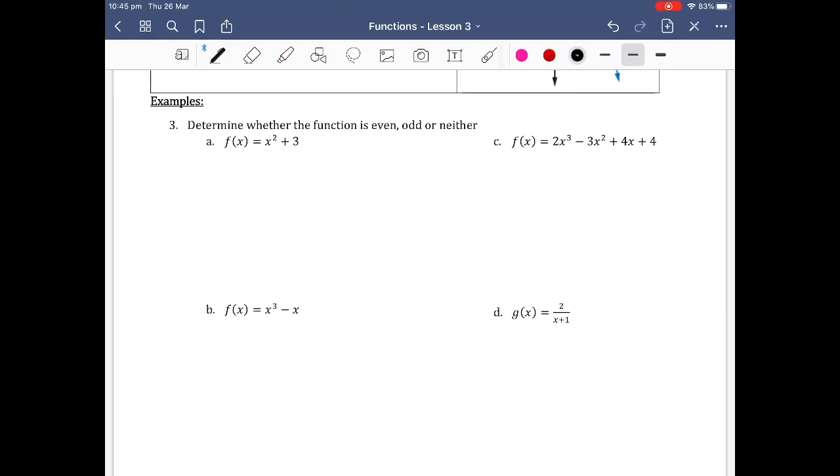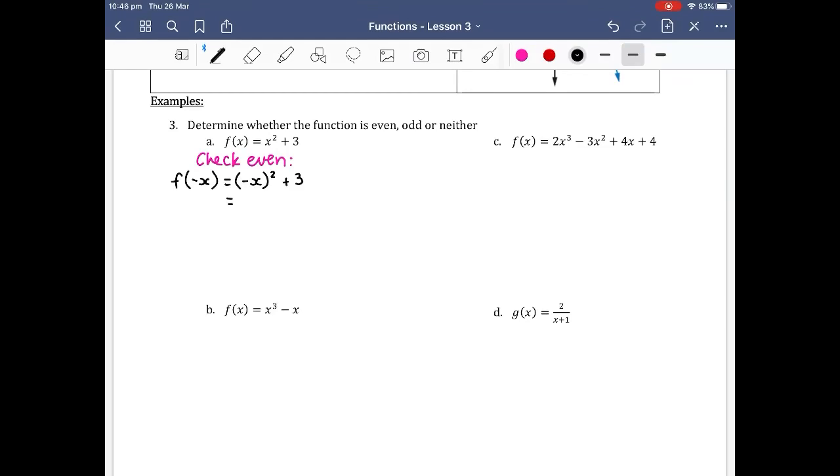We have to determine whether the function is even, odd, or neither. So we have f(x) equals x squared plus 3. Pretty much whenever you see x squared and no other x's or pronumerals, you're going to try to check that it's even. So we sub in f(negative x), and we always sub in negative x wherever we have x's.